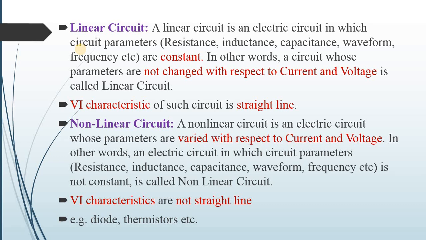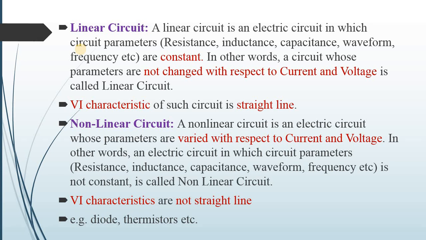Non-linear circuit. A non-linear circuit is an electric circuit whose parameters vary with respect to current and voltage. If you change the amplitude of current and voltage, the characteristic or value of the parameters will change.